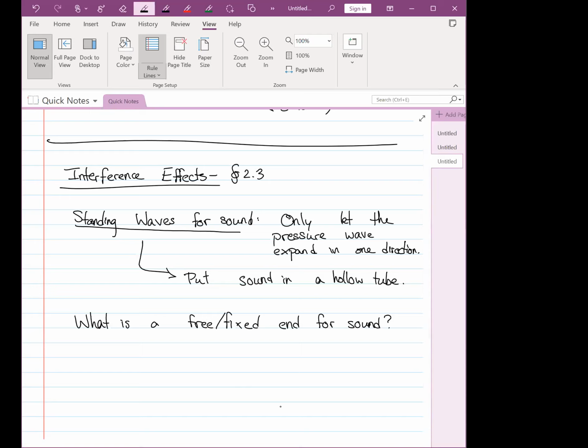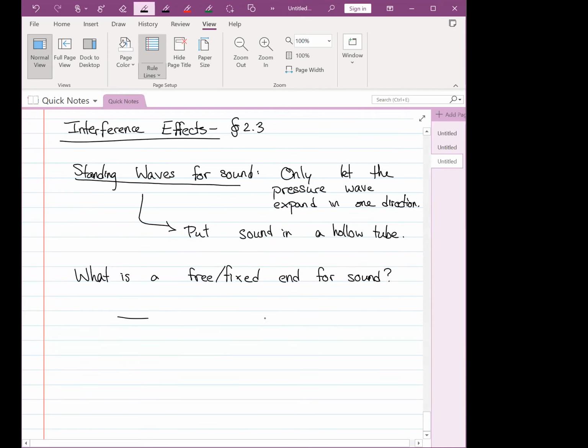If you have a tube with both ends open to the atmosphere, what does the pressure do on the inside of the tube? We have pressure waves moving through our tube, with low pressure zones in the middle.